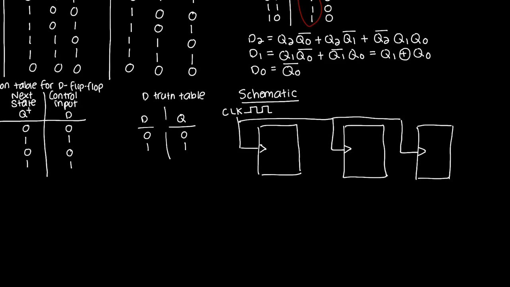Now what I have not indicated, which I will right now, is that the asynchronous inputs are all going to be wired high or inactive. And why is that? It's just because I want fully synchronous operation. So for fully synchronous operation, my asynchronous inputs need to be inactive.